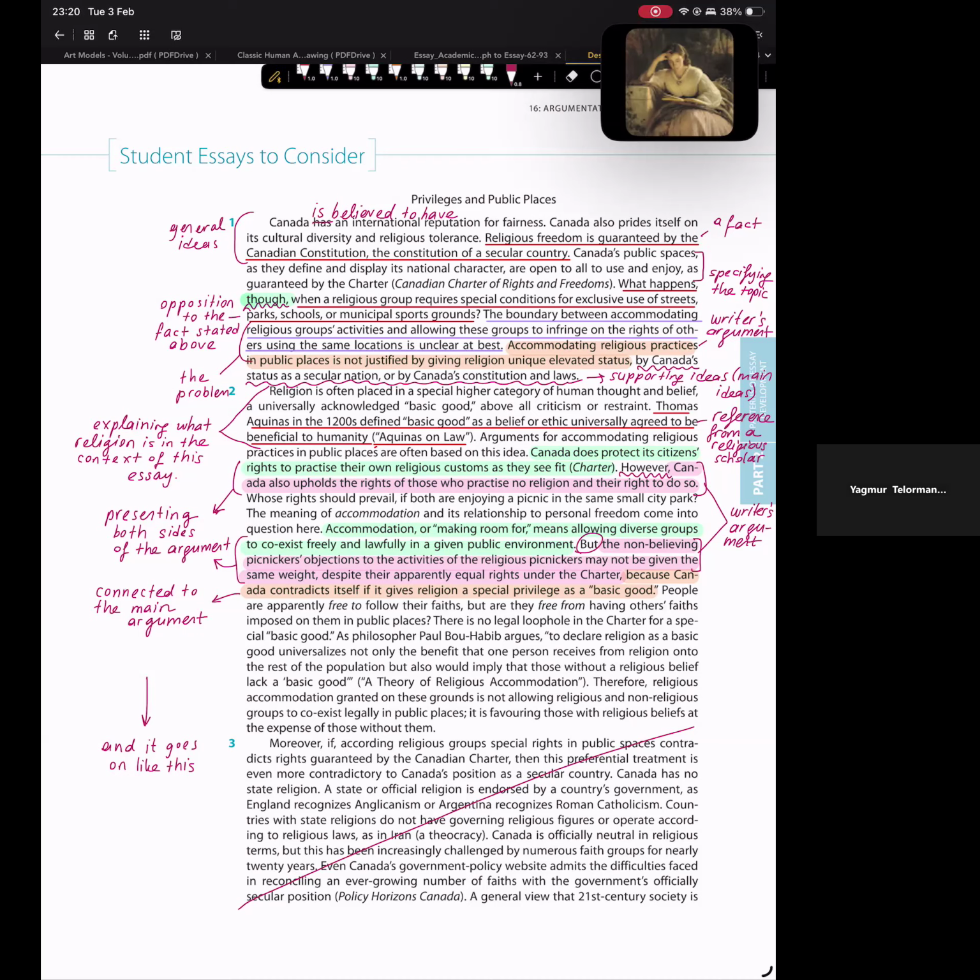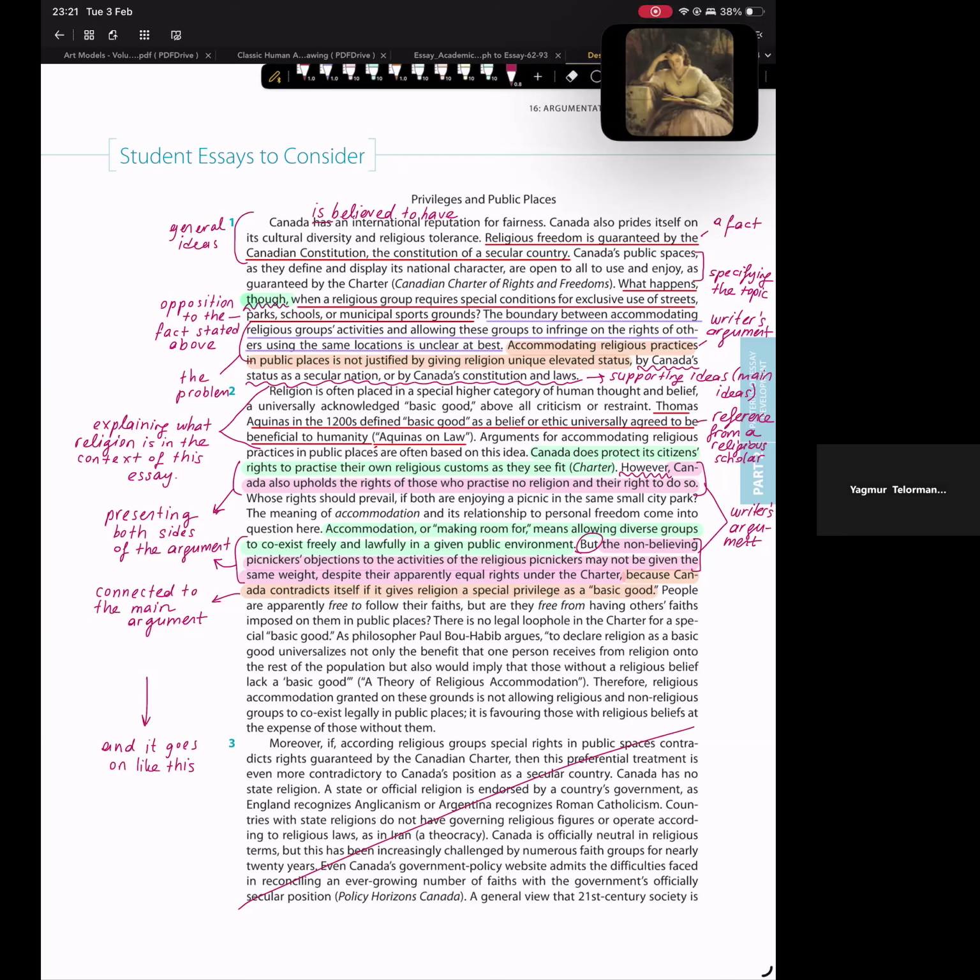What happens though here, when you use it like this after the verb with a comma or at the end of the sentence with a comma, it means but. But what happens, or what happens though, when a religious group requires special conditions for exclusive use of streets, parks, schools, and municipal sports grounds?